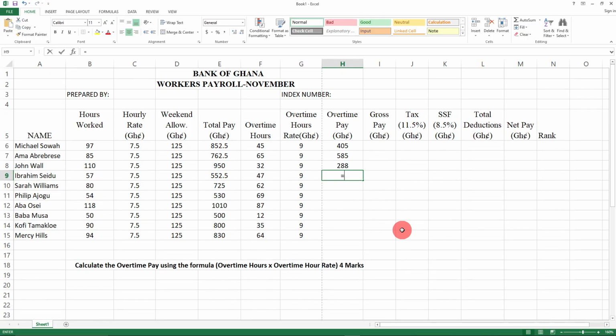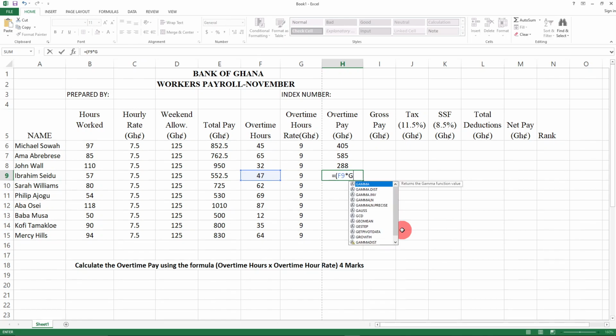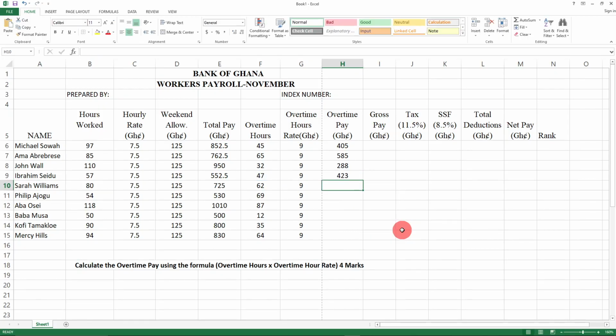And then let's go Ibrahim. Equal Ibrahim, brackets open. Ibrahim 47, which is F9 times G9. We are done with Ibrahim. Let's go Sarah.